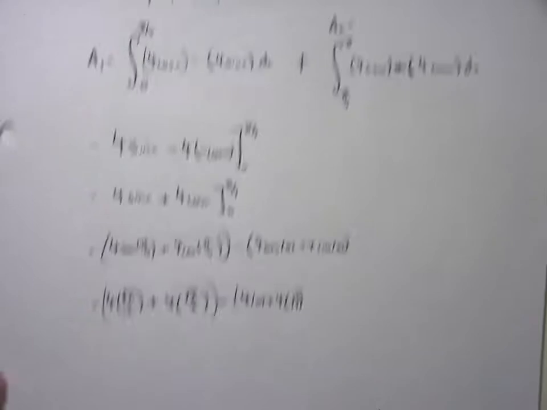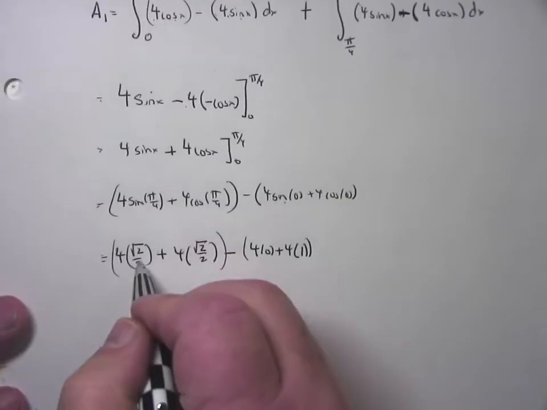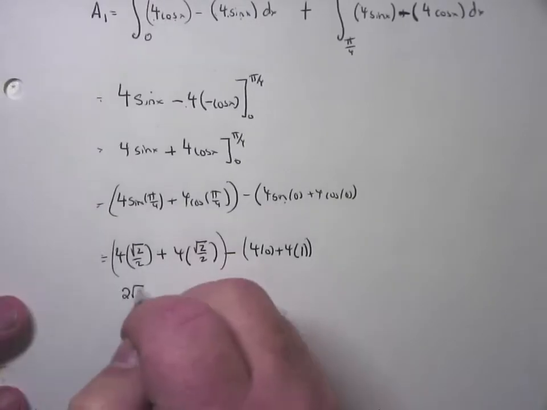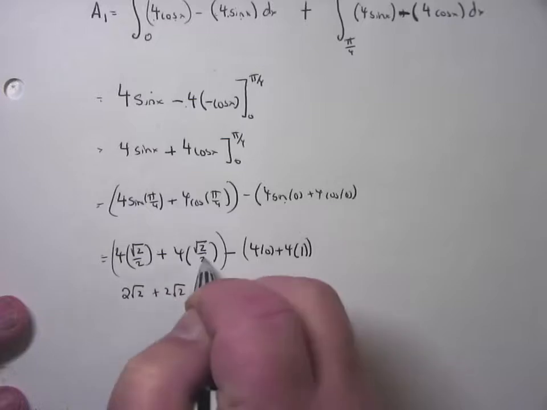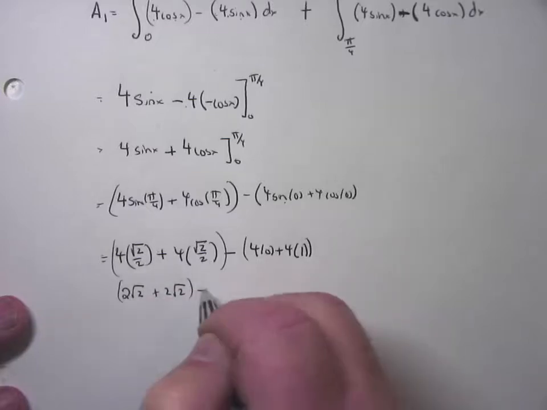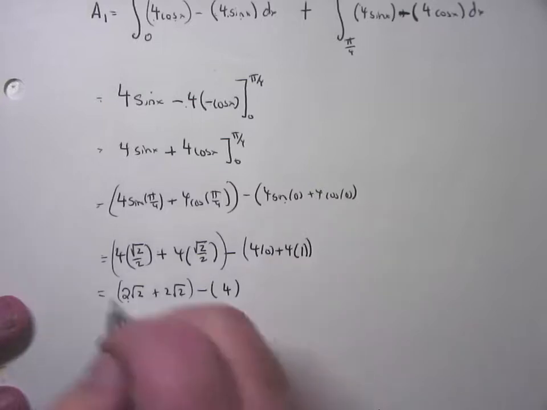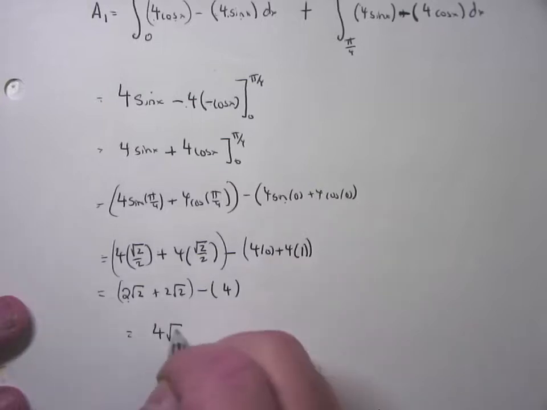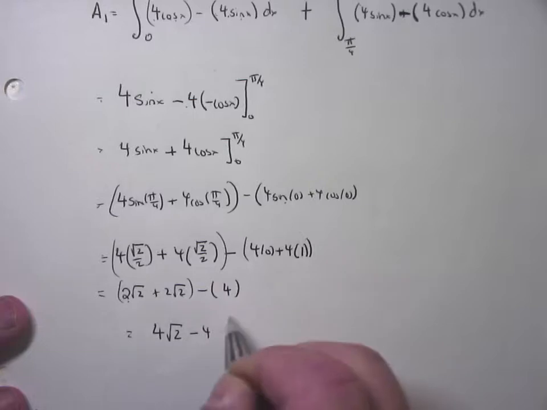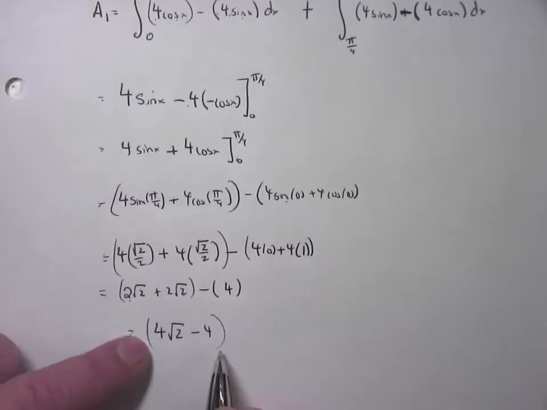So cleaning this up, 2 goes into 4 two times. This will be 2 square root of 2 plus 2 square root of 2 minus 4. 2 square root of 2 plus 2 square root of 2 is 4 square root of 2, minus 4. Put a little parentheses around that. That is the area of that first region.